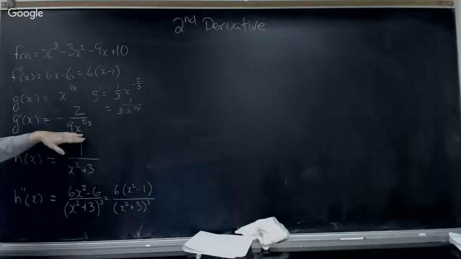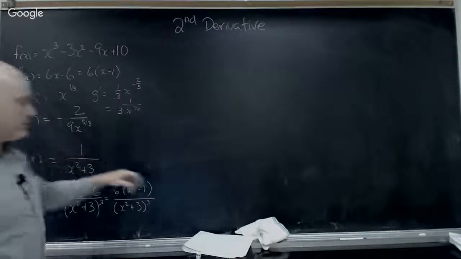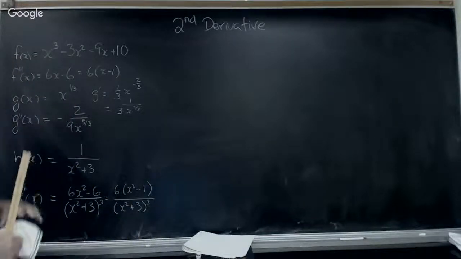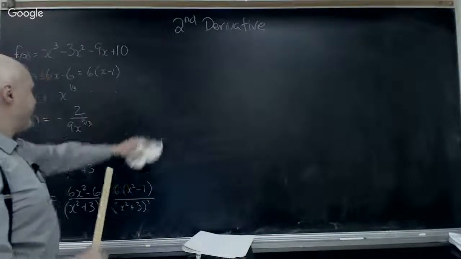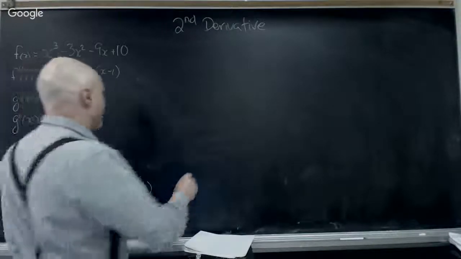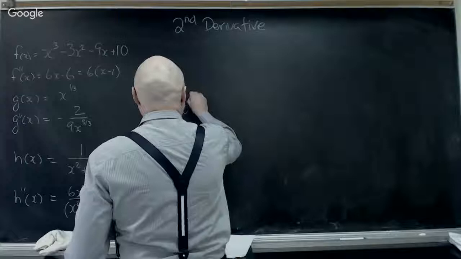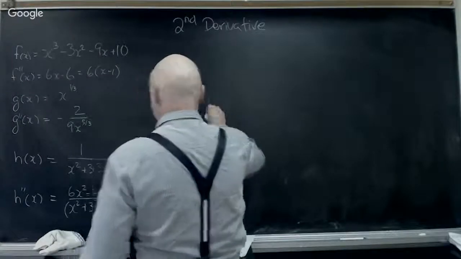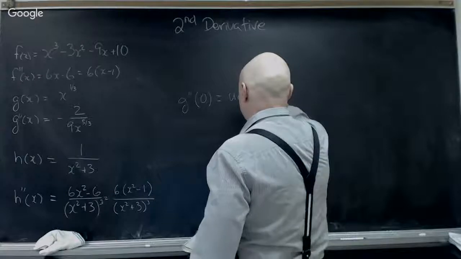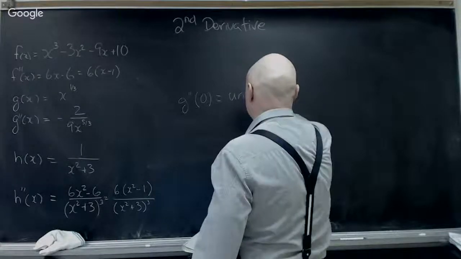Use the power rule again, and we wind up with the second derivative, negative 2/9 x to the exponent 5/3. g double prime at 0 is when something happens, and in this case, it's undefined.